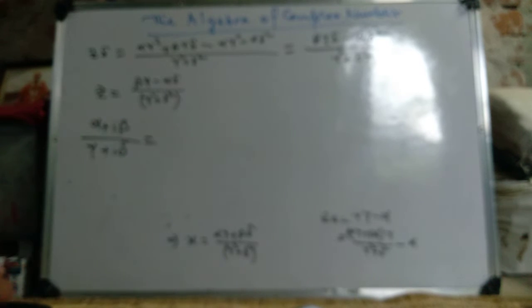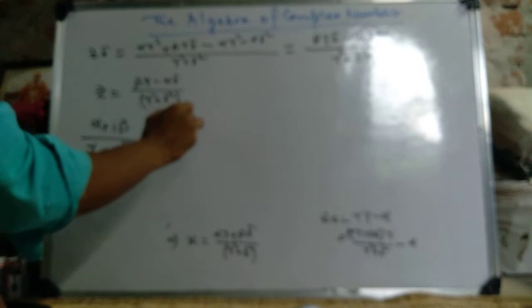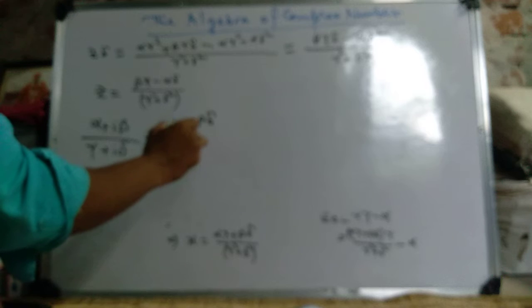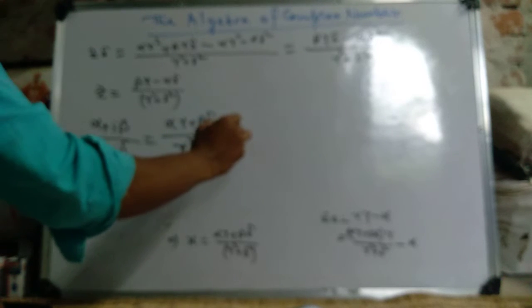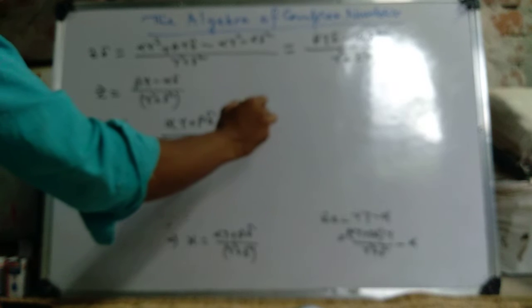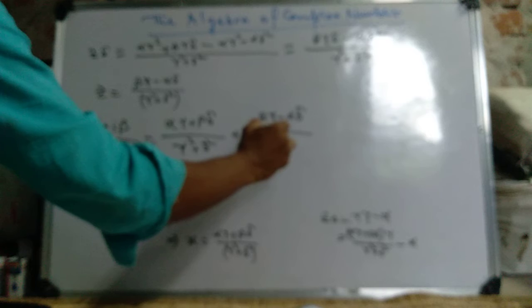That means the result of the division of these two complex numbers is alpha gamma plus beta delta divided by gamma square plus delta square, plus I multiplied by beta gamma minus alpha delta by gamma square plus delta square.